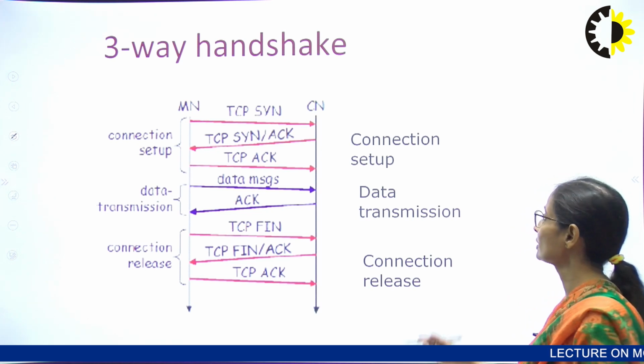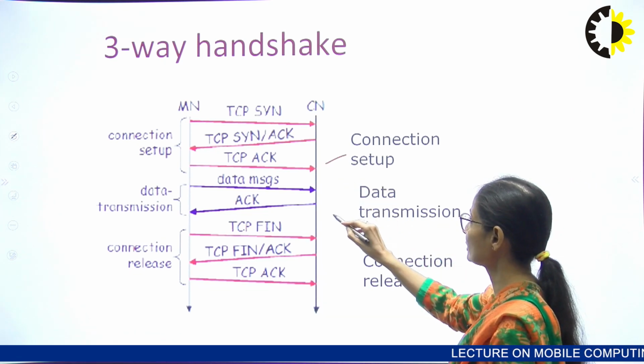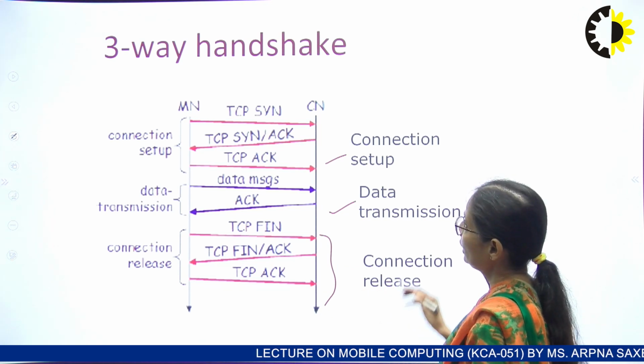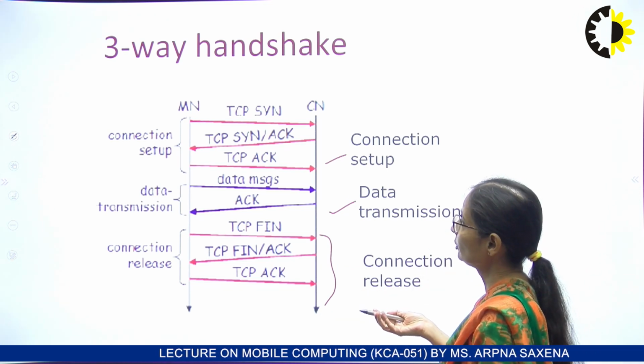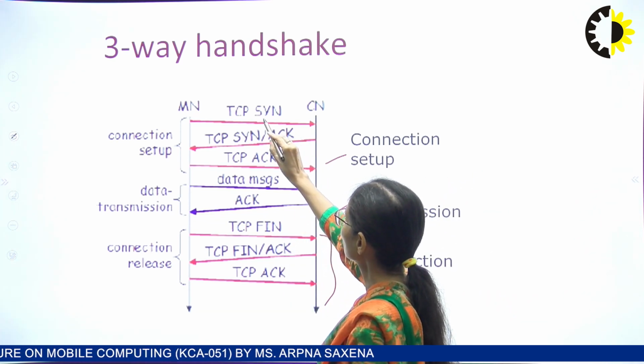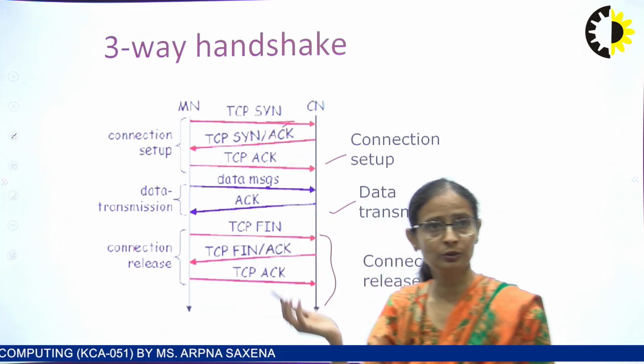As we are aware, this is my connection setup phase, this is the data transmission phase, and this is my connection release phase. In the ordinary 3-way handshake protocol, what is happening during the connection setup? A TCP SYN packet is sent to the CN.